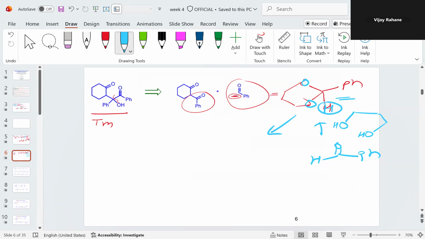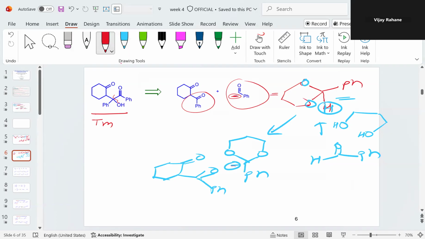Upon abstraction of this proton, this center gets negatively charged, with this phenyl substituent, and we can add this to the starting material that we have.